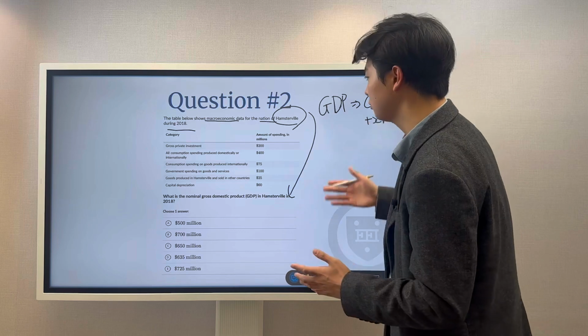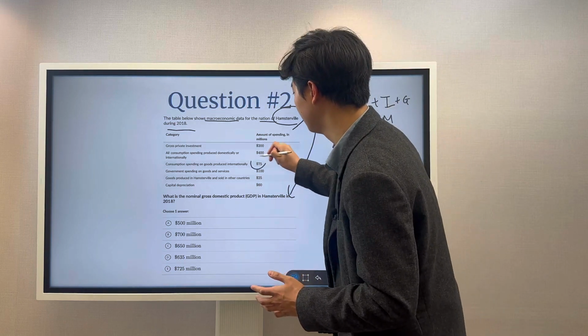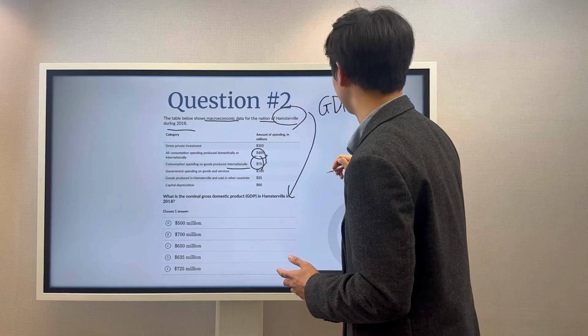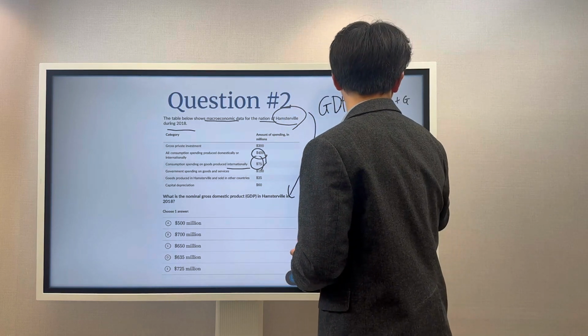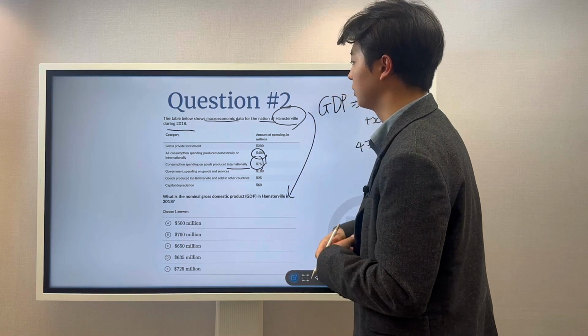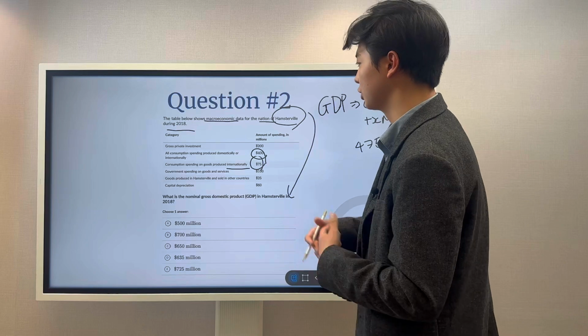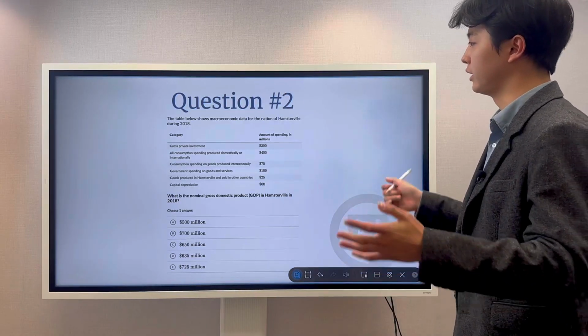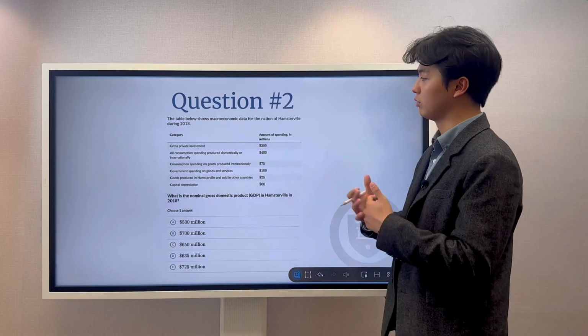So for consumption, you would have internationally 75, 400, so 475. Investment is ultimately what people actually spend producing domestically. So that is 200.